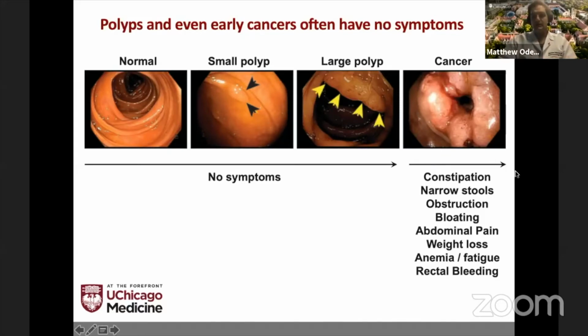Patients can feel constipated, have narrower stools, or have obstructive symptoms, which is inability to pass gas or stool. They feel bloated or have abdominal pain, weight loss, and more alarmingly, rectal bleeding, anemia, and fatigue from that. Many of these symptoms can be due to many different disorders and can even occur in healthy people. So even when symptoms do occur, they're not specific to say this is colon cancer.